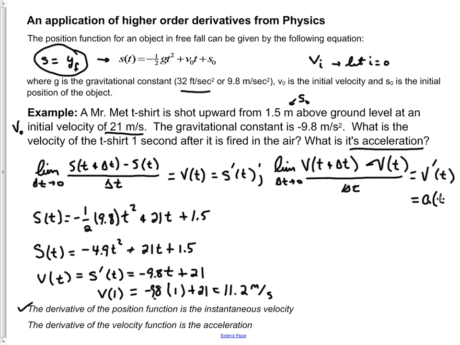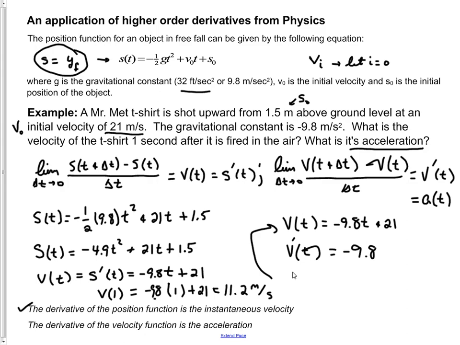So what would that be in this case? Well, it's actually really simple, because if we take our velocity function, v of t, which we expressed as negative 9.8t plus 21, and we took its derivative, v prime, we're going to get negative 9.8 times 1 plus 0, or negative 9.8.